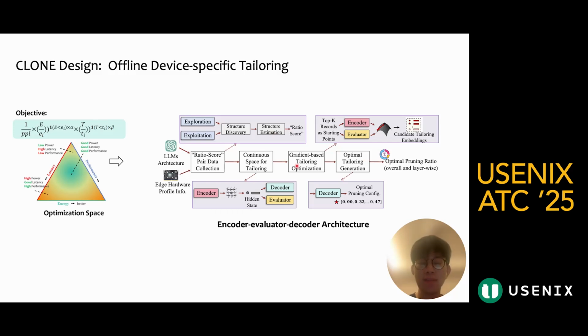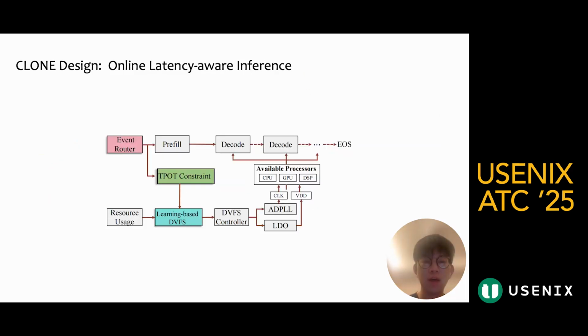Based on this pruning ratio, we conduct the structural pruning tailored to the target devices to meet the memory budget. After porting the pruned model to the edge, we then discuss the online stage.